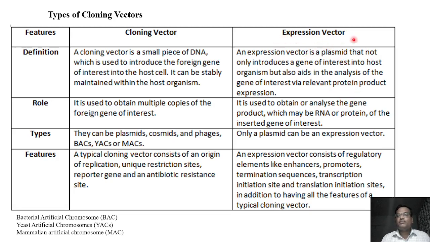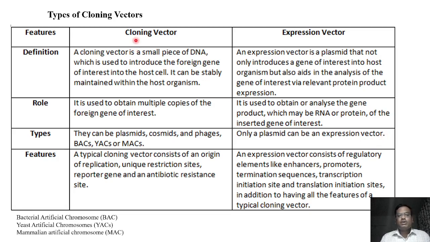So we use expression vectors wherever we need the gene product, right? It is used to obtain or analyze the gene product, which may be RNA or protein of the inserted gene of interest. Only a plasmid can be an expression vector.